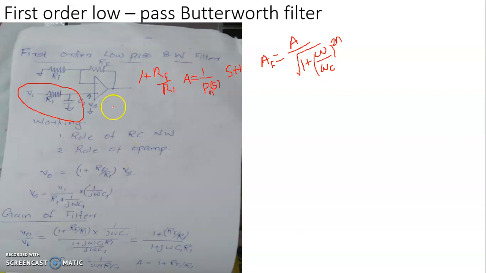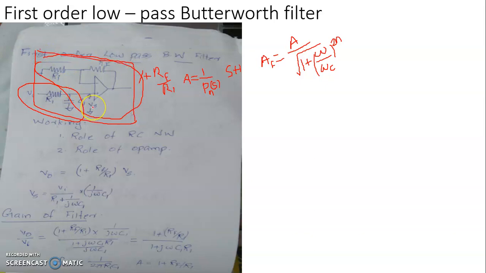Second, the op-amp, that is the active component in the circuit. The op-amp is designated in non-inverting amplifier configuration, so that this will offer a gain of 1 plus Rf by Ri to its input, that is being labeled as the voltage across this capacitor, say Vs, and Vi is the input to the filter. This much portion corresponds to the amplifier and this much portion corresponds to the filter.